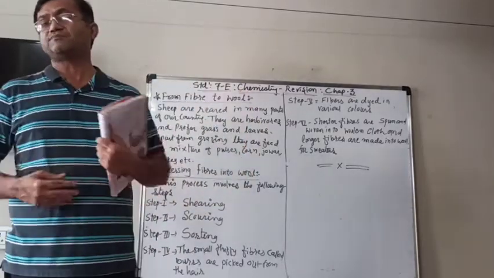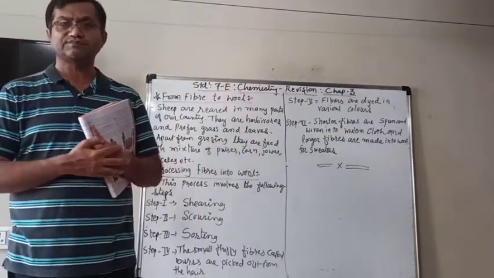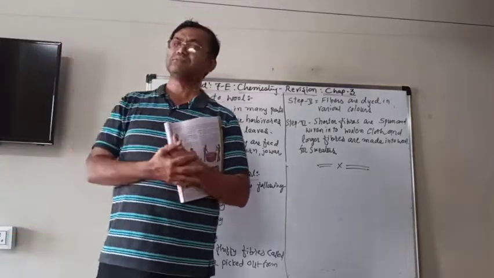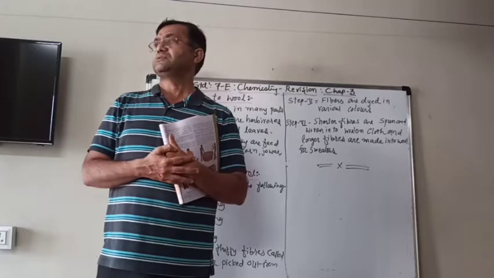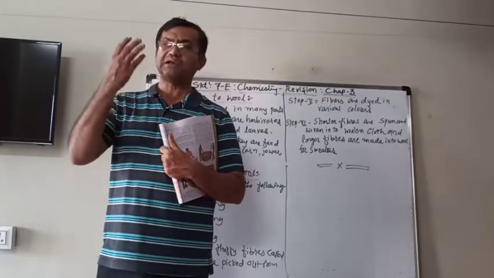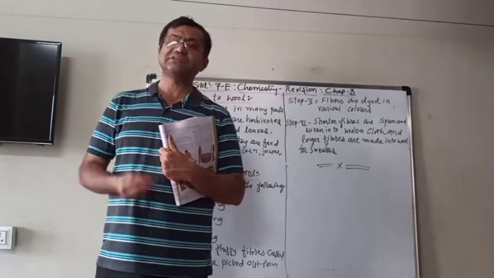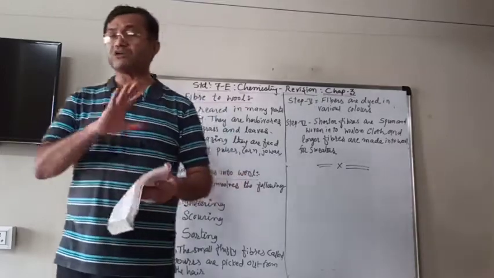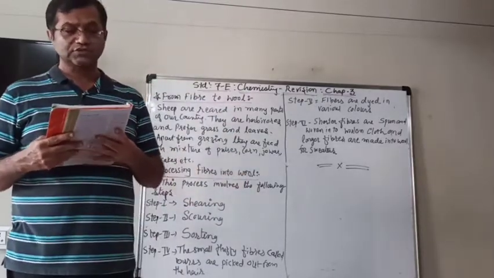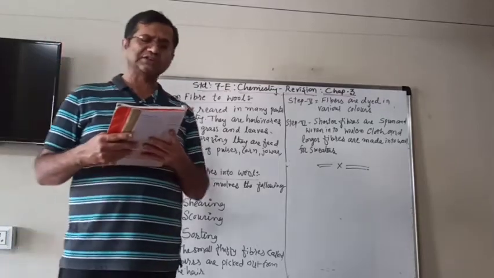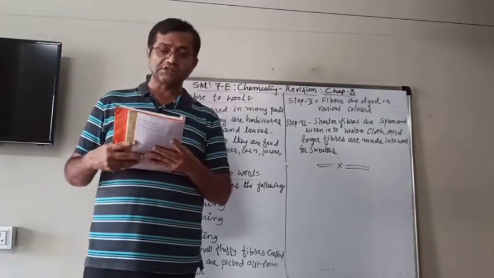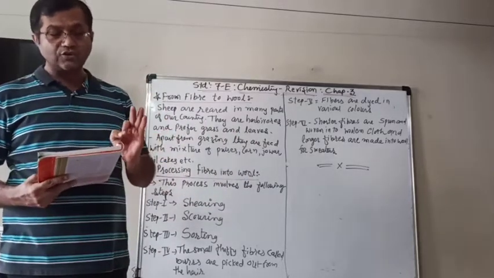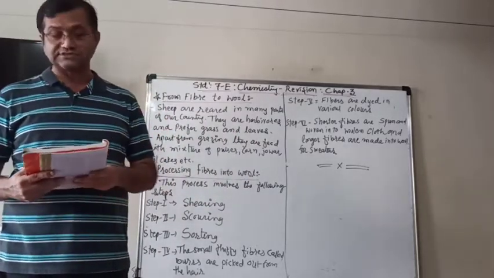Whatever is stuck on that hair, because they are going somewhere outside, they will have some grease or dust or other things stuck on their hair. So it is washed thoroughly to remove all that dirt, and that is known as scouring. Nowadays scouring is done by machines.